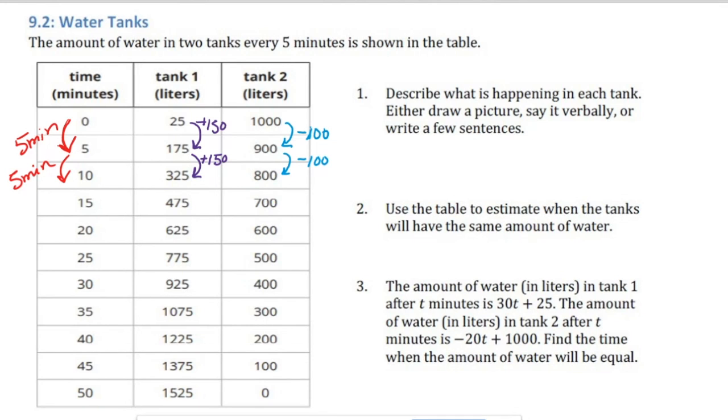Okay, so number 1 says, describe what is happening in each tank. Either draw a picture, say it verbally, write a few sentences. You decide how you want to describe what's happening. When we looked at the table here, if it was me, I would say that tank 1 increases 150 liters every 5 minutes.